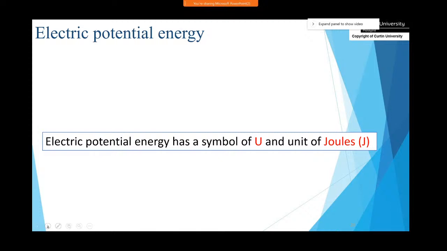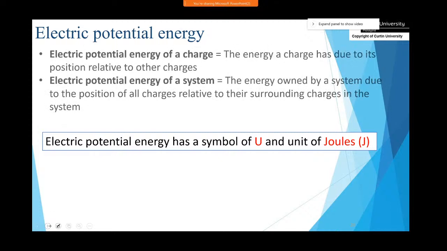Okay, so potential and potential energy. Electric potential energy is the potential energy that exists due to electrostatics. Energy is given by the symbol U and is in the unit of joule.